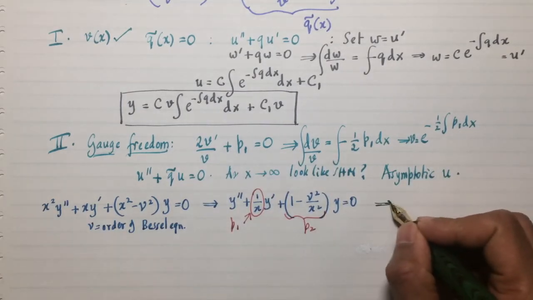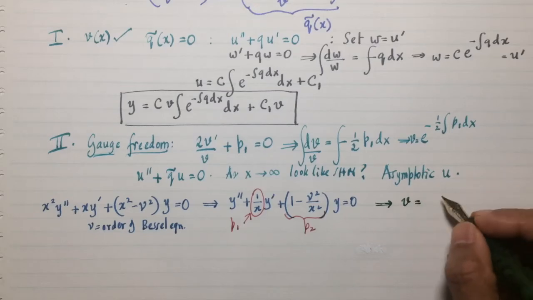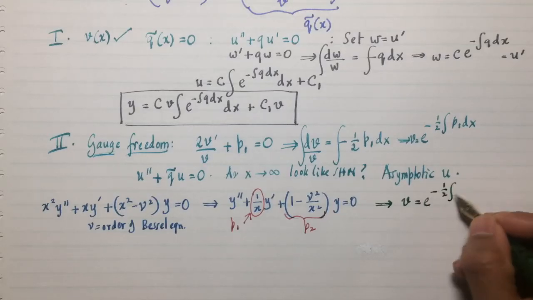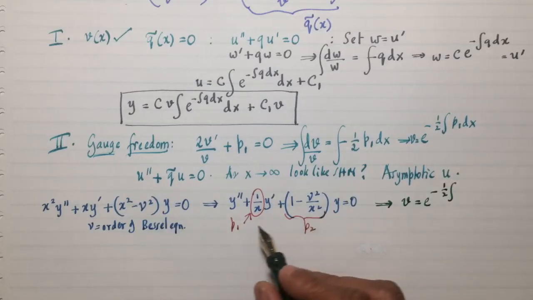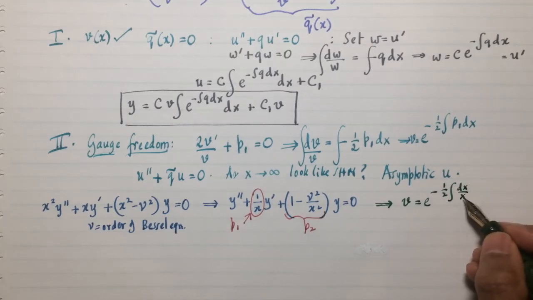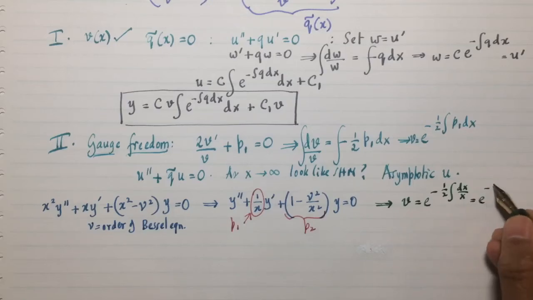So this tells me that v equals e to the minus, let me just follow the prescription to the letter, 1/2 integral dx over x. Well, dx over x, when you integrate, you get natural log. So that's e to the minus 1/2 natural log of x.